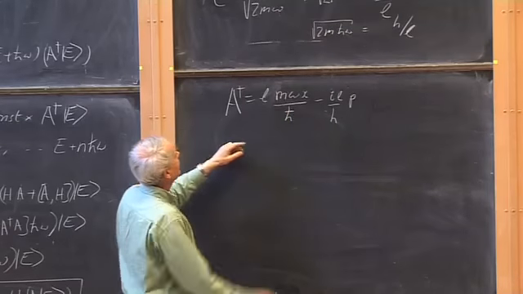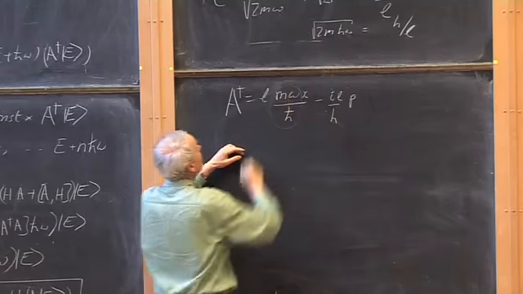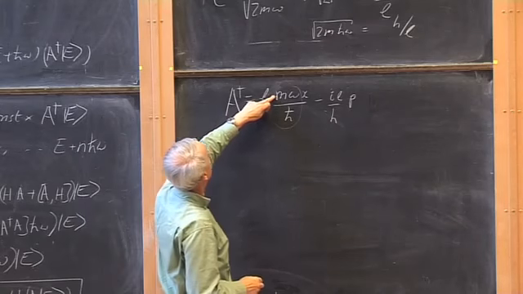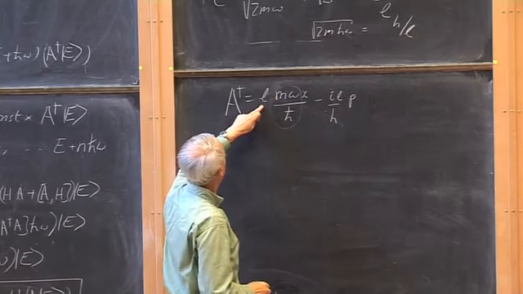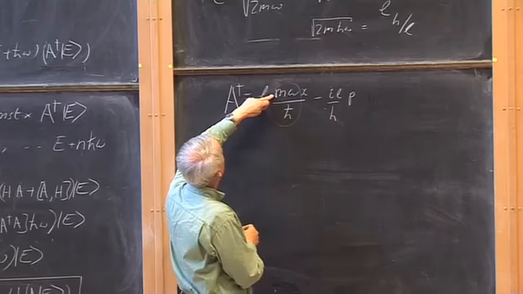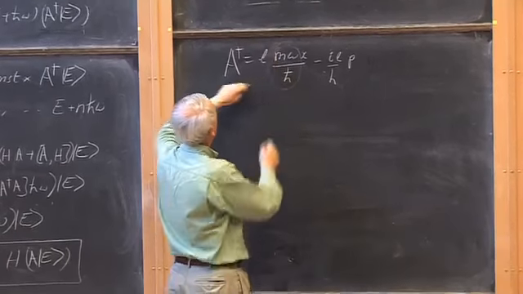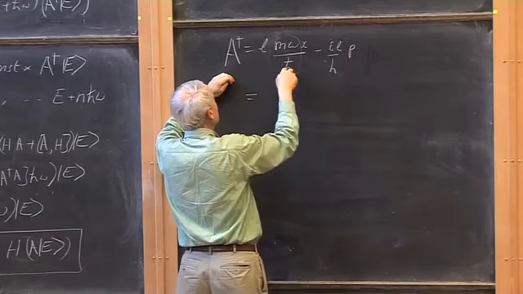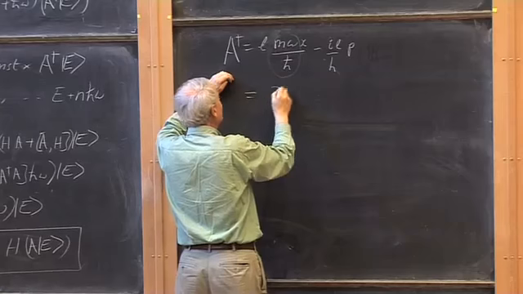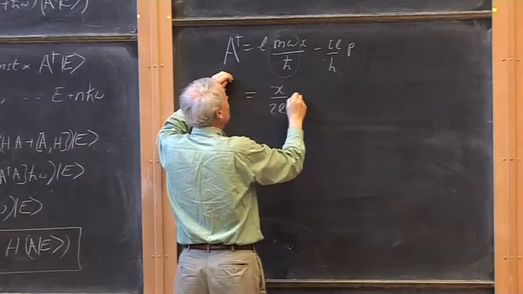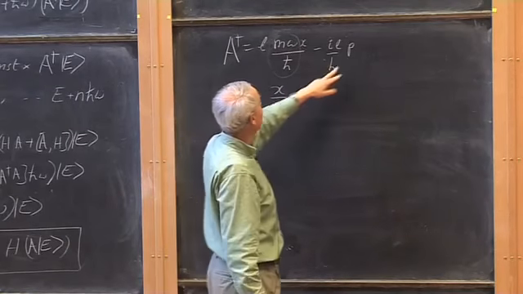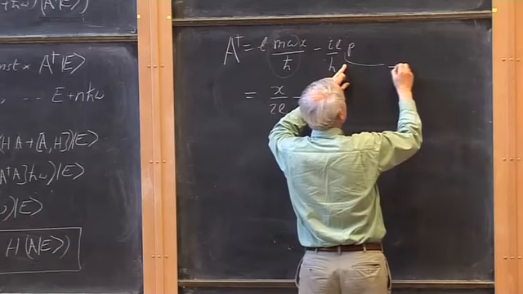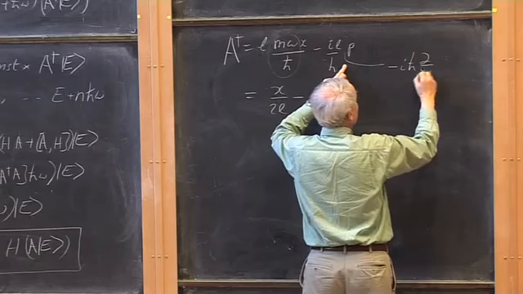This stuff is looking remarkably like L all over again, right? If I multiply this by 2 on the top and 2 on the bottom, this would become 1 over L squared. So the L squared would cancel, and I would have x over 2L minus, now let's put this into the position representation, where p is minus i h bar d by dx.